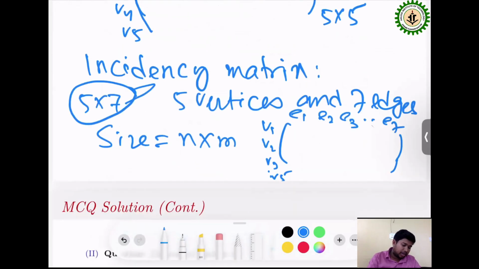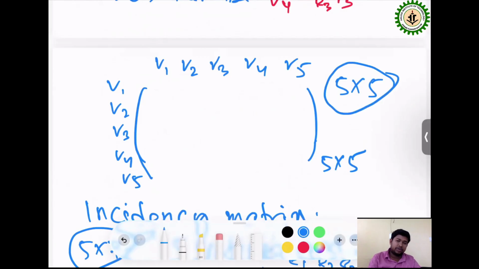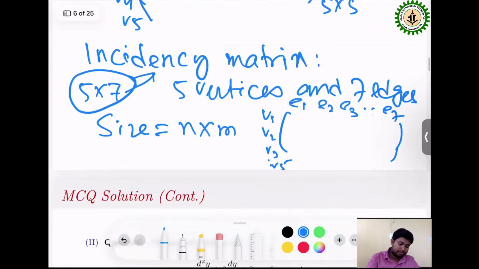For the adjacency matrix it is 5 cross 5, or n cross n, and for the incidence matrix it is n cross m, 5 cross 7.